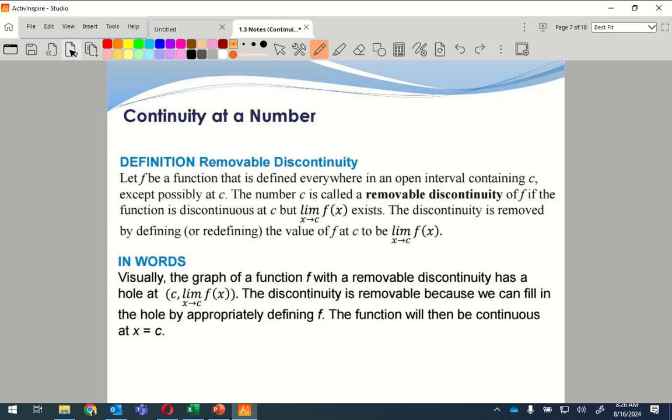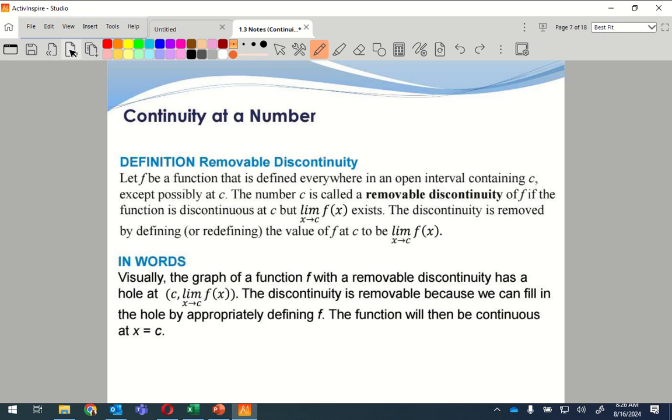Continuity at a number. Definition. Removable discontinuity. That's the holes that I've been addressing. Let f be a function that is defined everywhere in an open interval containing c, except possibly at c.